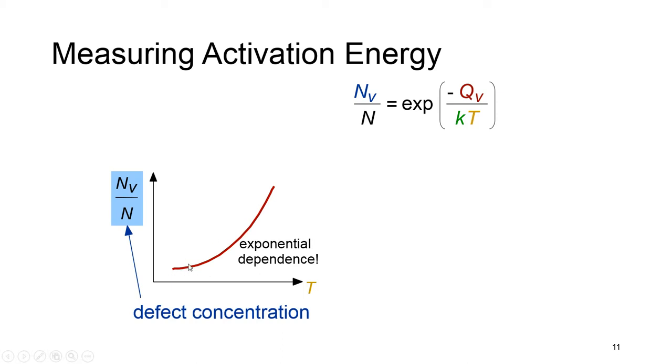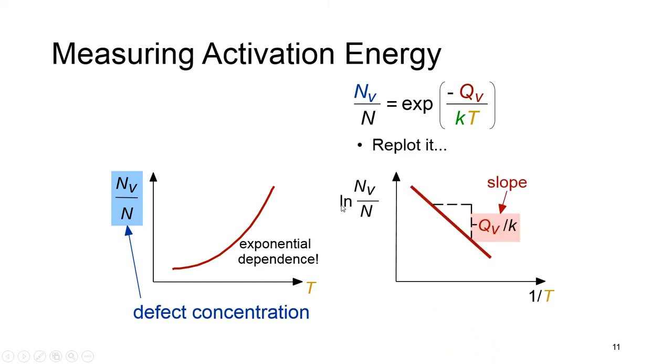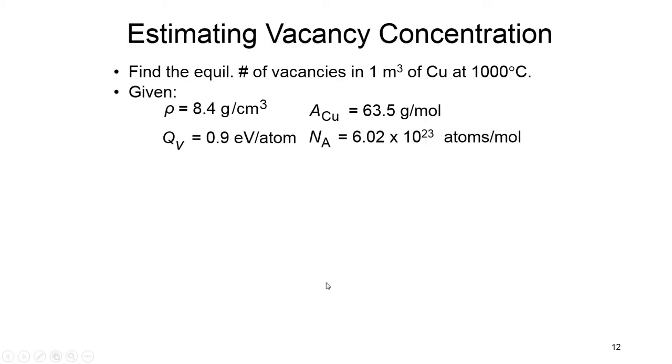So you will see an increase in this ratio by increasing the temperature. And it's found that there is an exponential dependence between this ratio and the temperature in Kelvin. So if we plot the logarithmic value of this ratio in terms of 1 over T, then of course the slope of this line is going to be, based on this relation, Q_V divided by K. The Boltzmann constant is known, of course, and then from here they can find the value of Q_V, which is the activation energy.